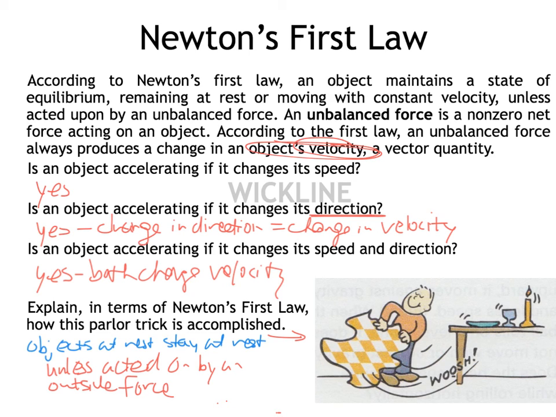So that's why we would actually not consider this tablecloth a good source of outside force, because it was pulled very quickly, and it didn't have enough time really to grab on to these other objects on the table using friction. Then the outside force was really only on the cloth and not on these guys. And that's why they stayed still and the cloth moved.